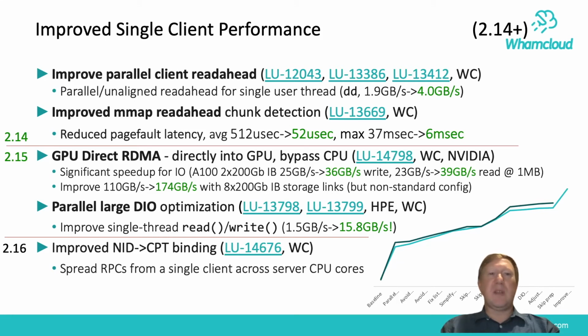So in 2.15, a big new feature is GPU Direct RDMA. That allows, on NVIDIA GPUs, for the I/O to bypass the CPU and the PCI bridges, and instead you can transfer RDMA directly from InfiniBand HCAs directly into the GPU memory.